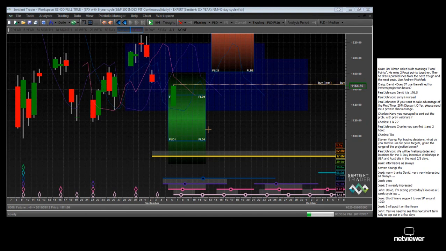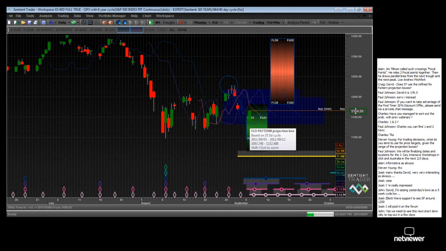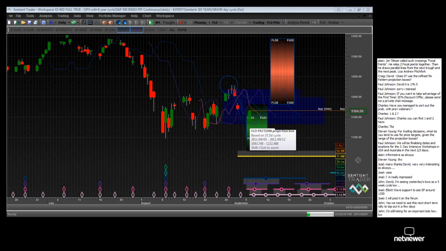So if yesterday was a 5-week cycle low, John, are you expecting the next 5-week cycle to be skewed to the downside, which I certainly am, or are you thinking it might be a more balanced or even a bullish cycle? Elliott Wave support to see SP around 1250. That'd be great, because if you publish that in the forum, yes, that'd be fantastic.